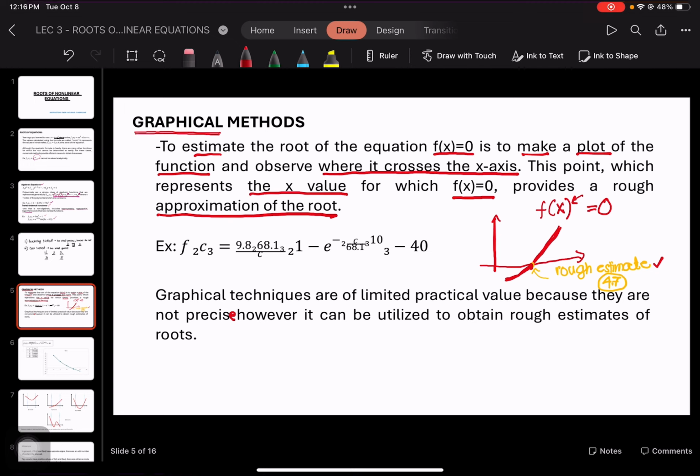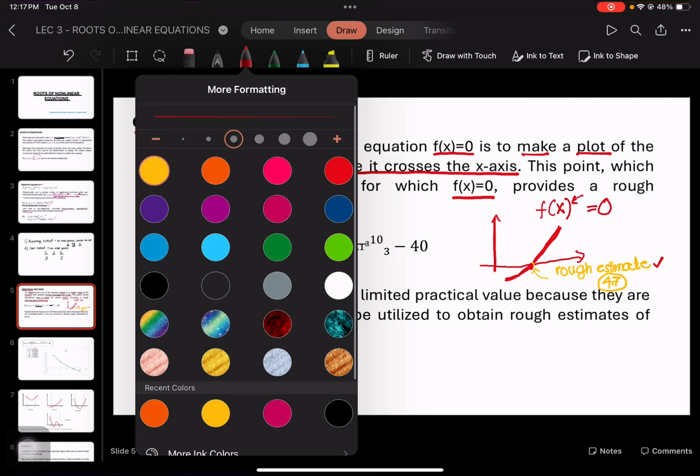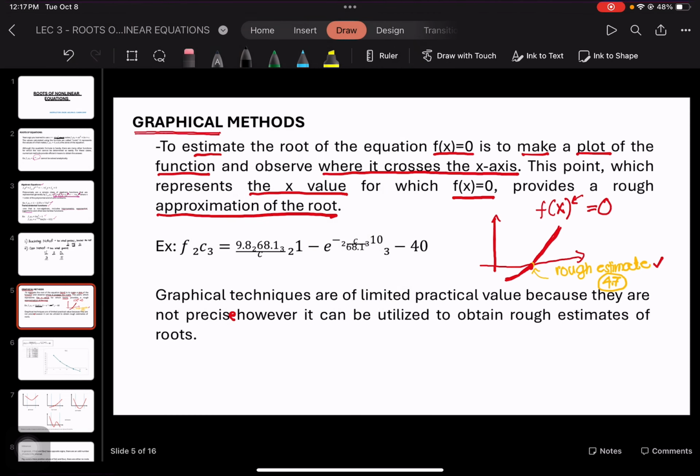And if you are actually using a software that could graph a certain function, may mga software kasi na pwede mo lang i-point yung cursor mo doon sa point na nag-touch sa x-axis, mabibigyan ka niya ng coordinate x, y.